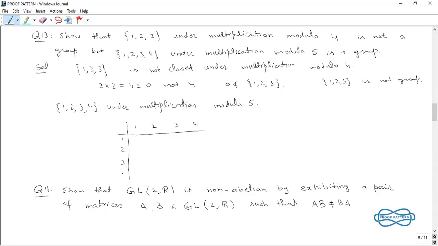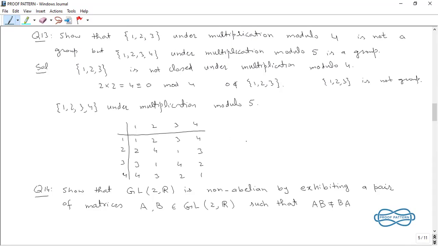Whenever we multiply these elements and take the modulus, multiplication modulo 5, we see that this table fulfills all four axioms of a group.